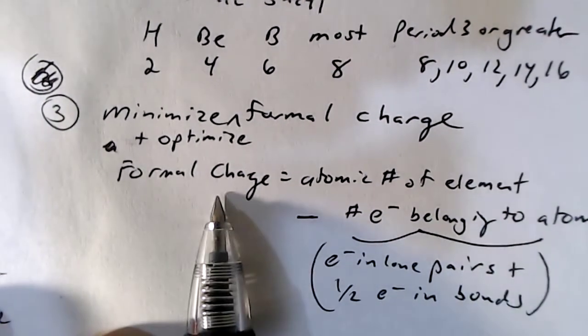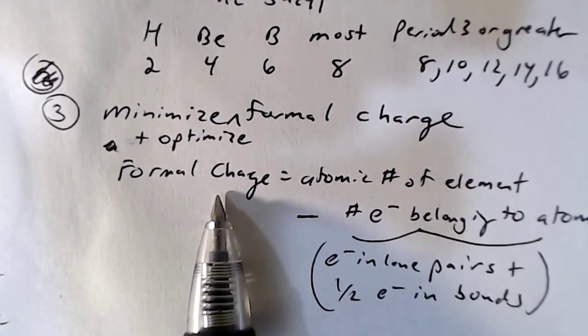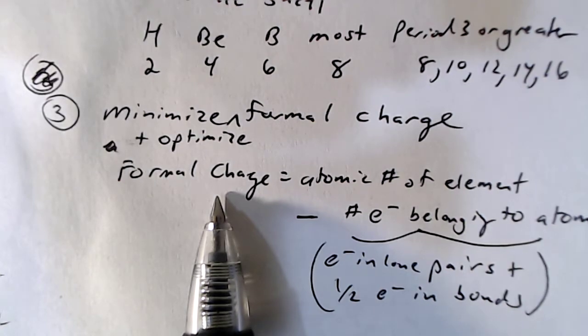Formal charge shows the fact that sometimes there are more negative electrons around an atom than there are positive protons in it. And so we can show that by showing negative charge on that atom. Or occasionally, there will be more positive than negative charge around it, and so we'll show a positive charge.